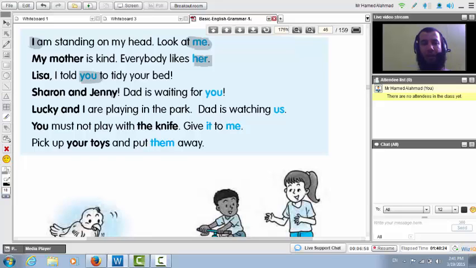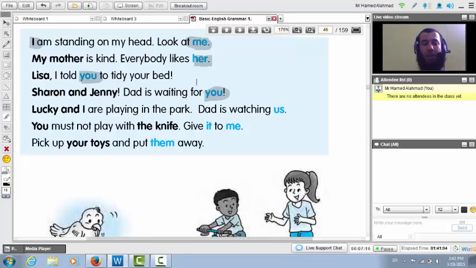Sharon and Jenny, Dad is waiting for you. The same here, you is an object pronoun, and as you notice, guys, object pronouns are always an object for either of two things: either an object of a verb, like here I told you, so you is the object of the verb told, or an object for a preposition, like saying for you, so you here is the object of the preposition.